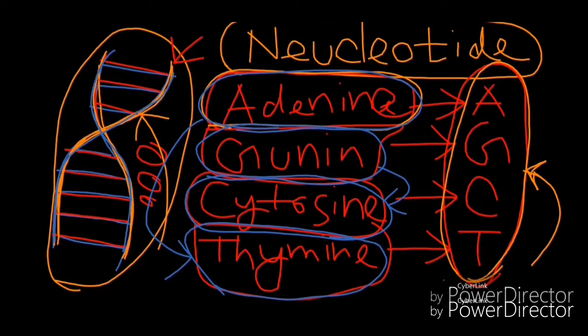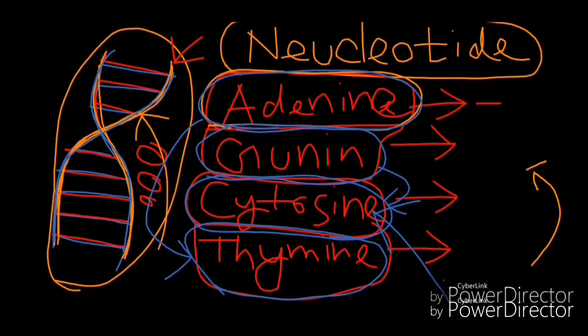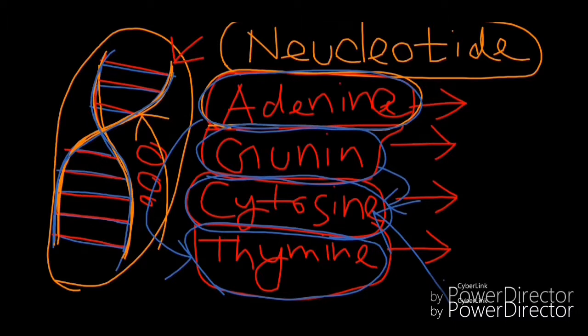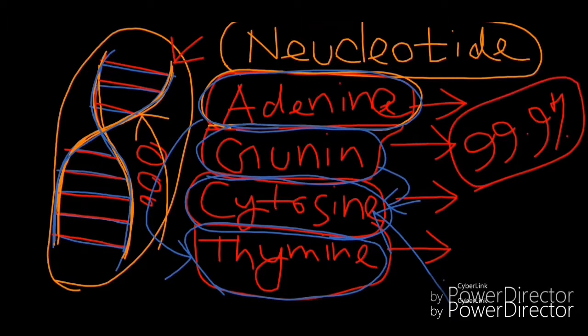And the fact is that the arrangement of these nitrogen bases is the same in 99.9% of cases in all people.